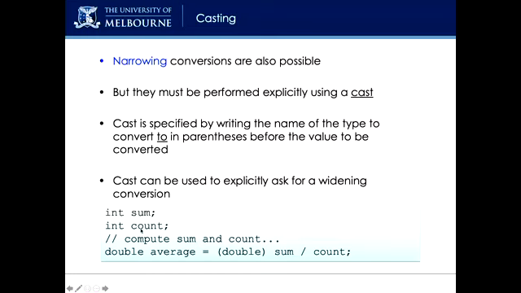Essentially, the casting is done by putting a bracketed data type before a variable. So you've got a variable called sum here, and because it has this bracketed double, which is the type, before it, sum becomes double. And of course, even though count is an integer, both values here are then classed as doubles because of the previous slide.